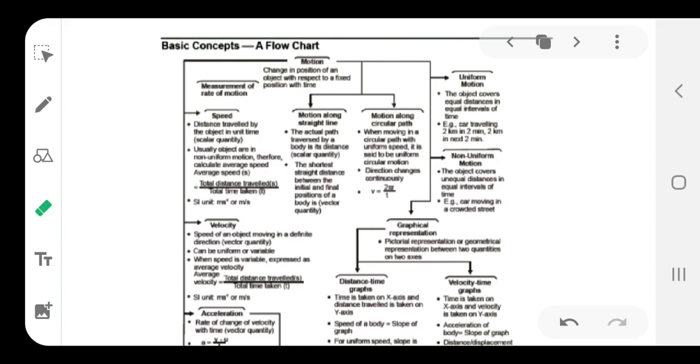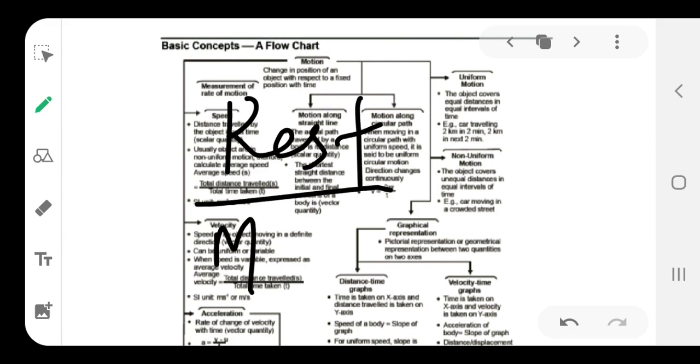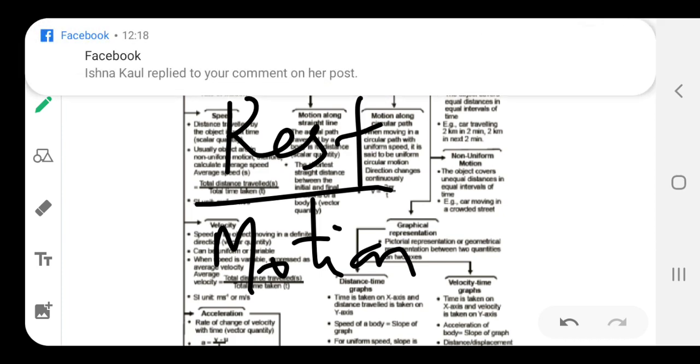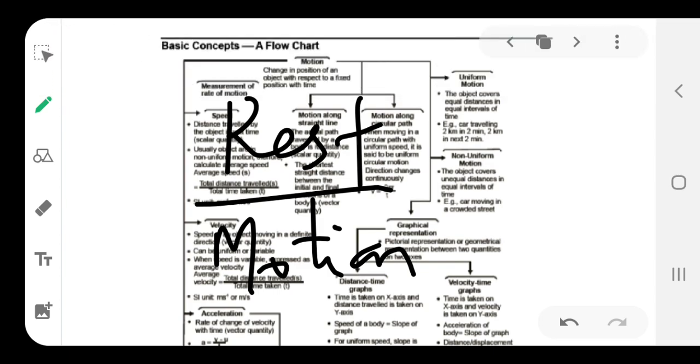The first terms you should know are rest and motion. A body is said to be at rest if it does not change its position with respect to its surroundings, and if it changes position with respect to its surroundings, we call it motion. So, rest and motion are both relative terms.